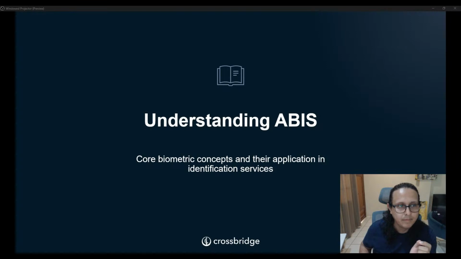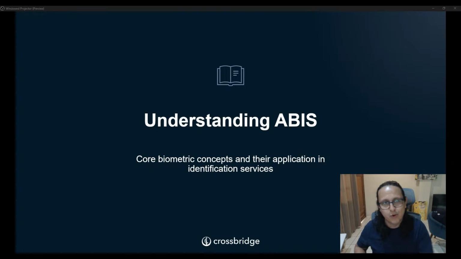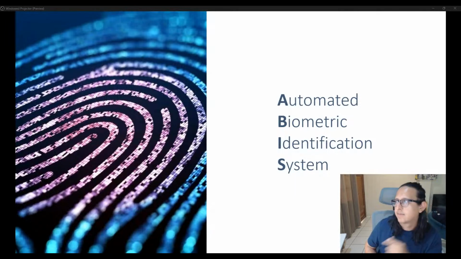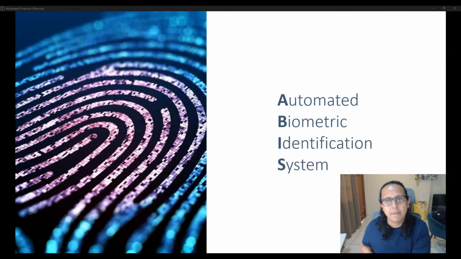Let's talk about what an ABIS is, right? So we heard it before. What the FBI eventually ended up doing was an AFIS. It stands for automated biometric identification system.